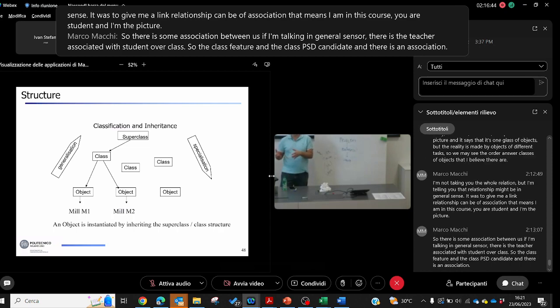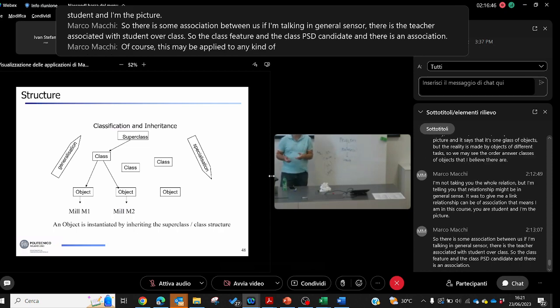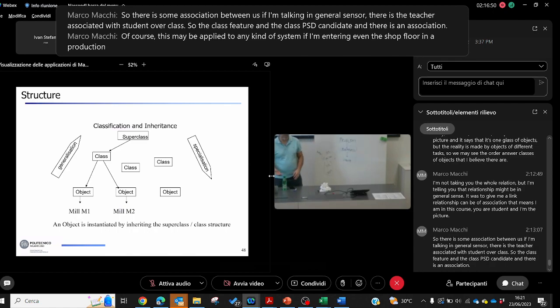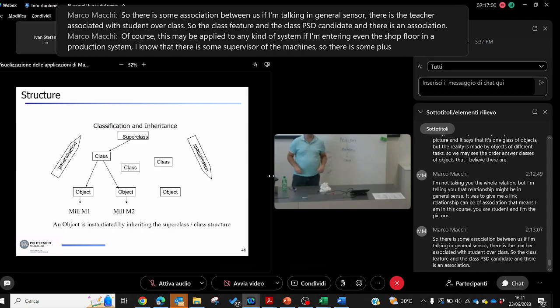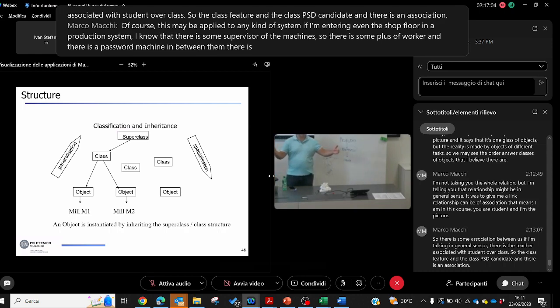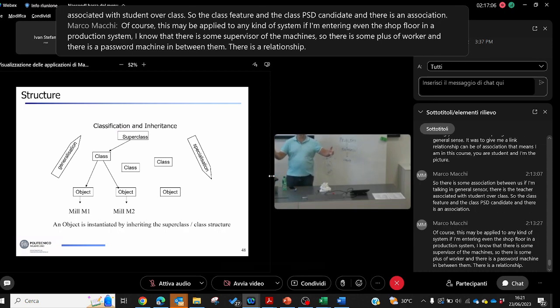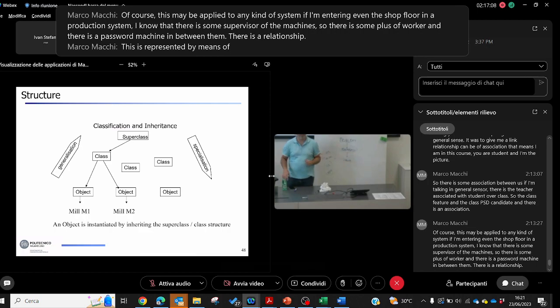Of course, this may be applied to any kind of system. If I'm entering the shop floor in a production system, I know that there is some supervisor of the machines. So there is a class of worker and a class of machine, and between them there is a relationship. This is represented by means of the association, which is one kind of relation.